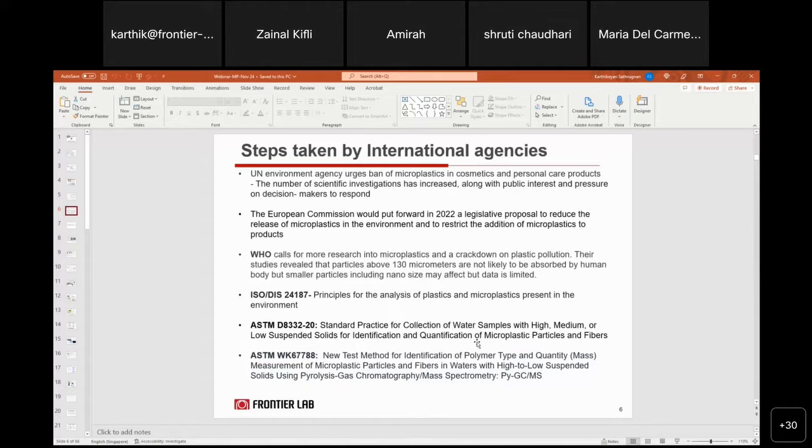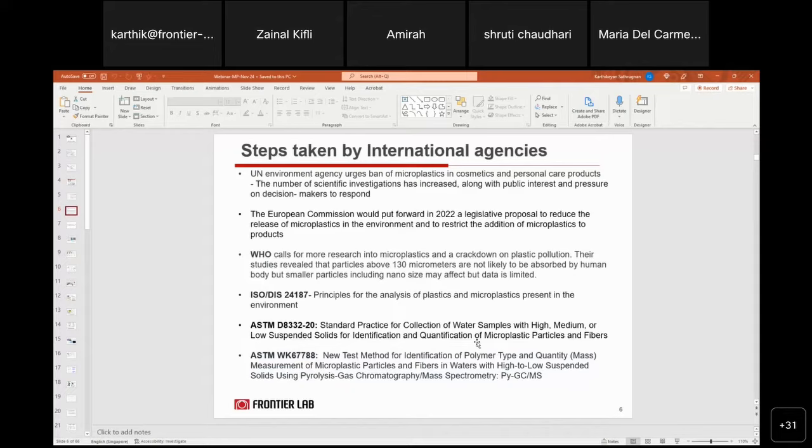But still a lot of work needs to be done. That is the reality. The European Commission put forward, in 2022, a legislative proposal to reduce the release of microplastics into the environment, in addition to the microplastics added to products.